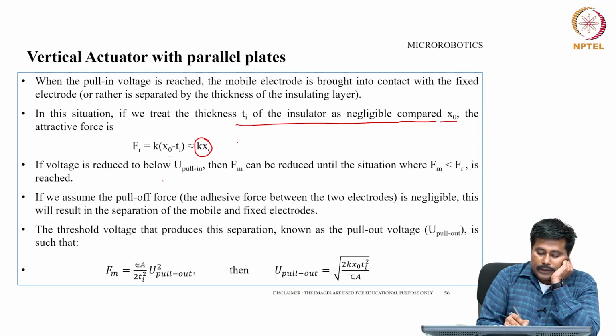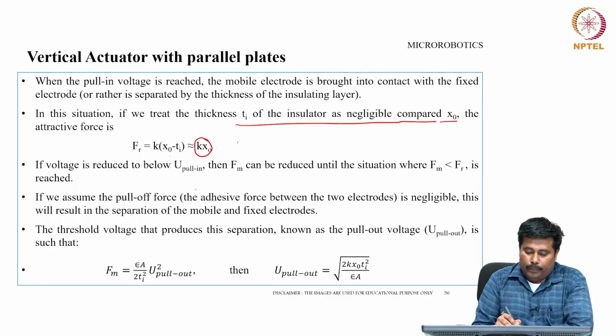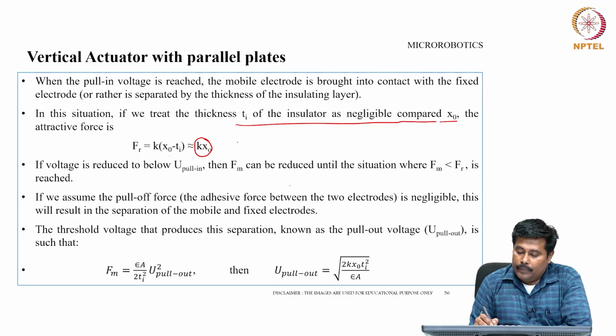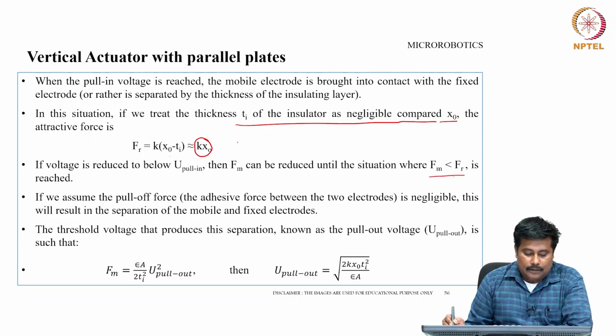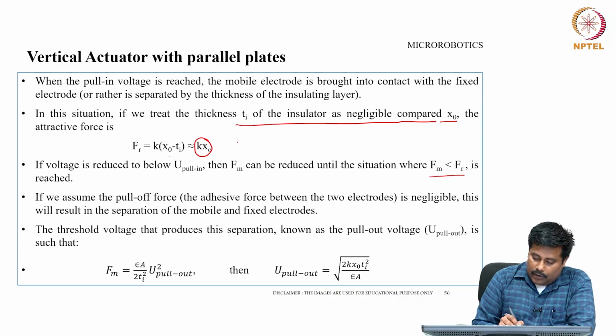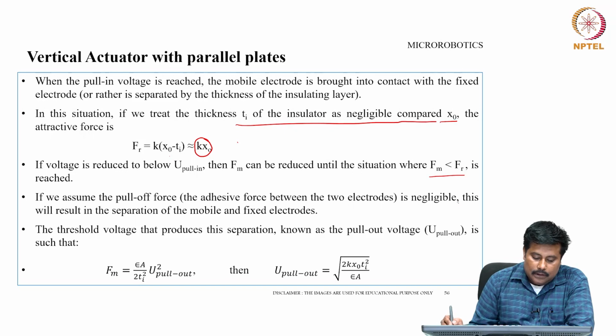If voltage is reduced below U pull-in, then Fm can be reduced until the situation where Fm is less than Fr is reached. If we assume the pull-off force, the adhesive force between the two electrodes, is negligible, this will result in separation of the mobile and the fixed electrodes.